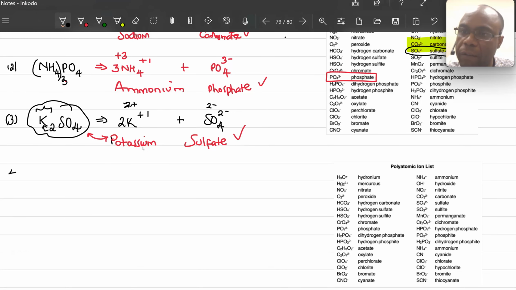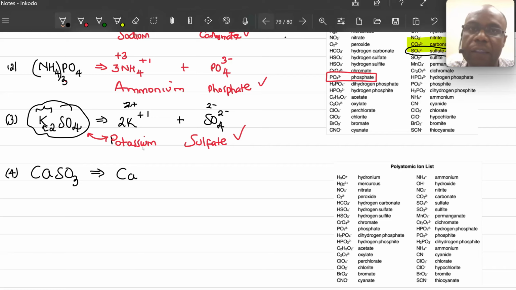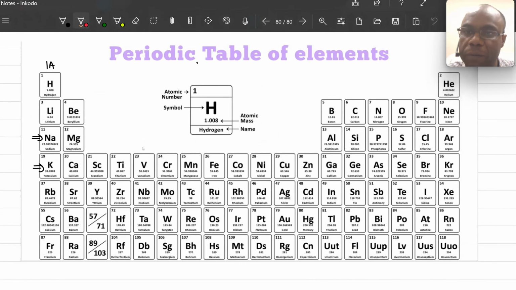Let's do another one. Suppose someone gave you this one, CaSO3. Now I know Ca is in the second group of the periodic table. Calcium is right here. I've shaded it in green.